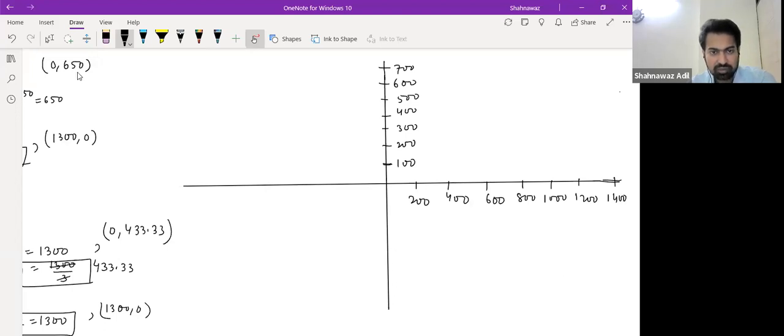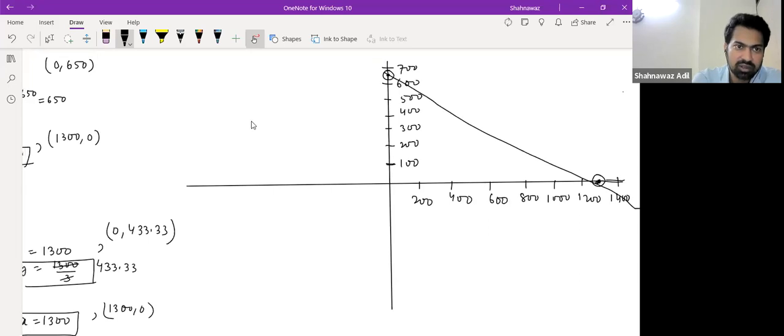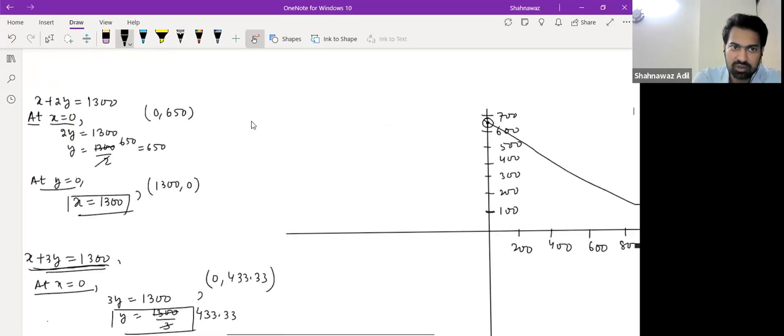So 650 will lie in the middle of 600 and 700. And the other point is 1300, 0, which is in the middle there. So this would be this line. This is the line x plus 2y equals 1300.